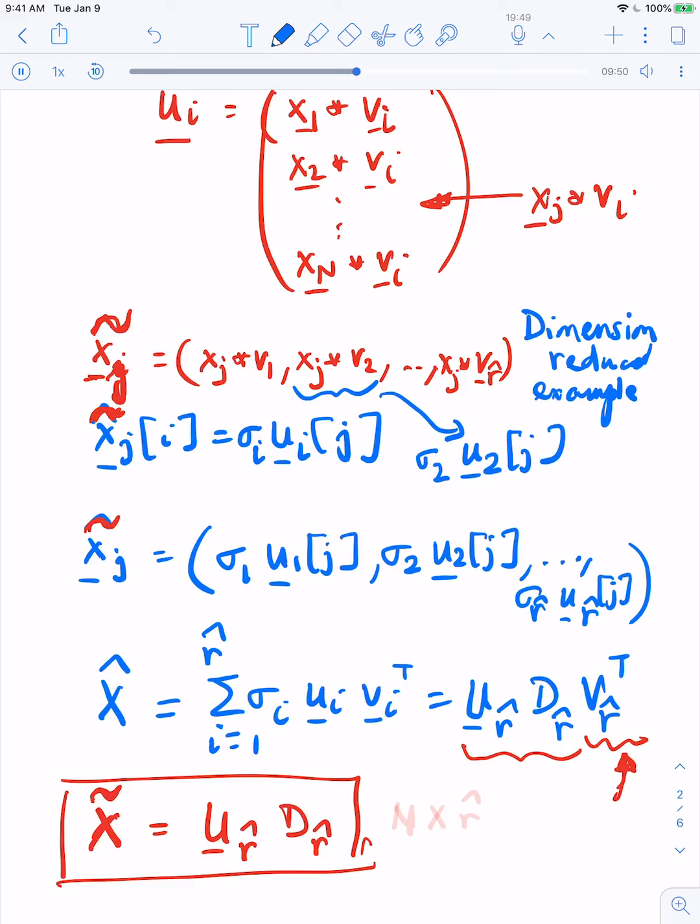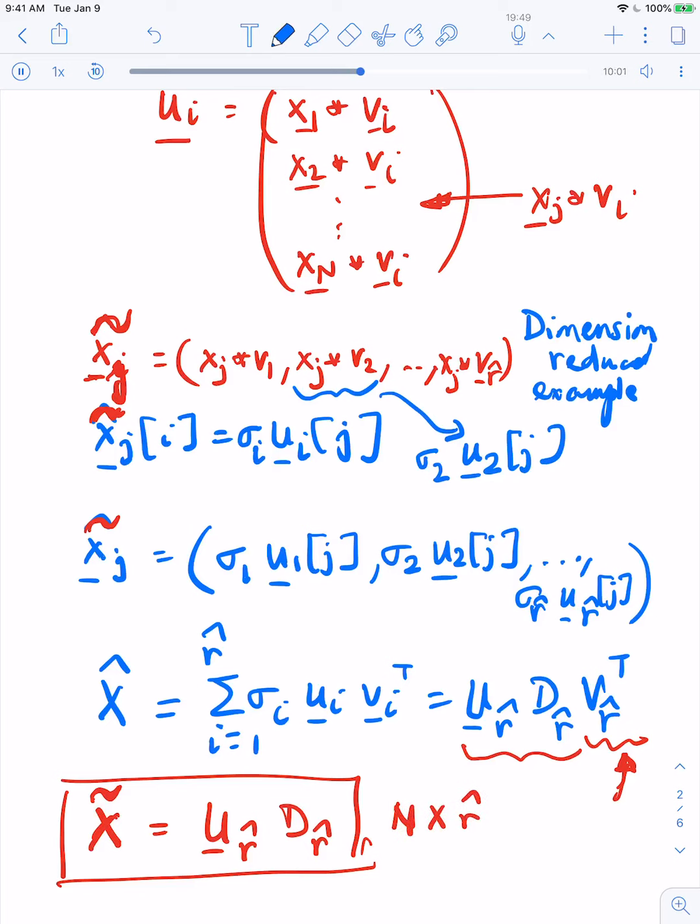So X tilde is my reduced dimension example, and it's an n times r hat matrix. Just like the original data matrix was n times d, this one is n times r hat, and this is the output of my PCA. I should also note that PCA is usually used on de-meaned data.